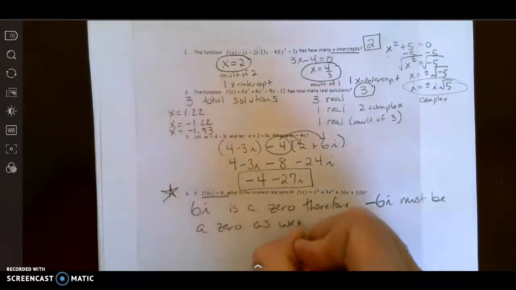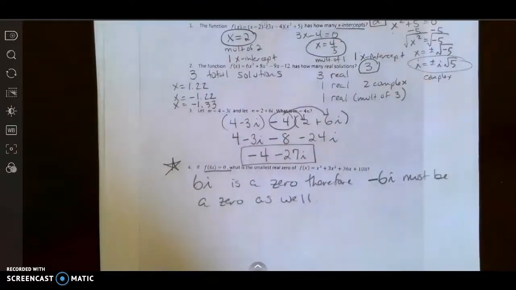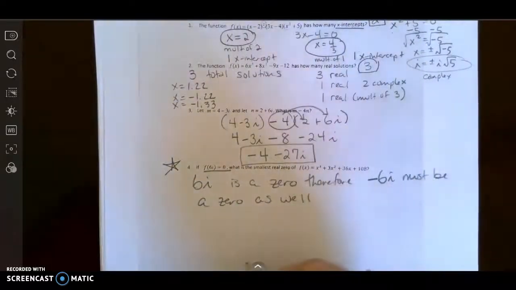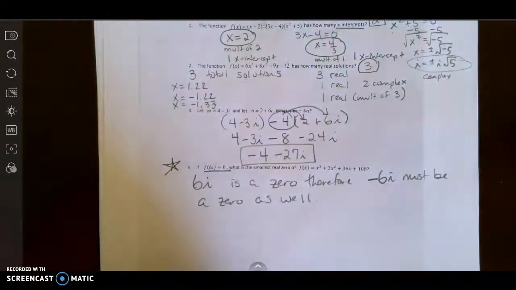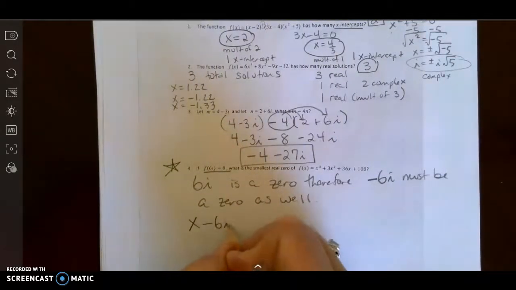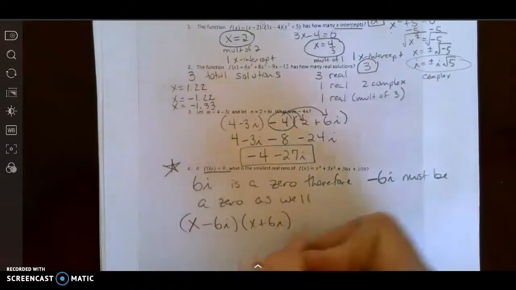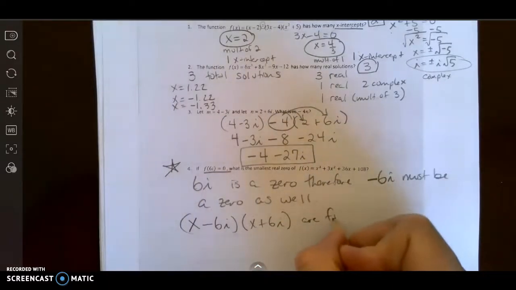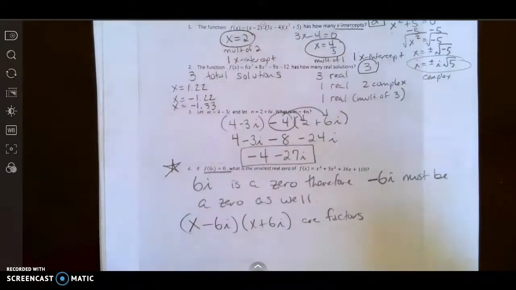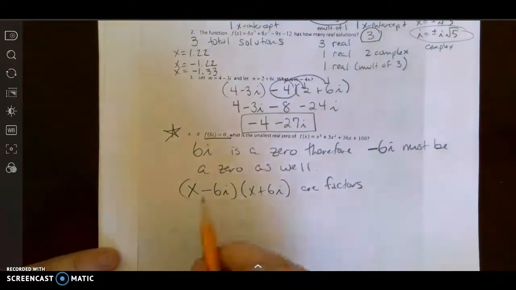Because remember, we said complex solutions come in pairs, a plus bi and a minus bi. Which means, as far as factors go, x minus 6i and x plus 6i are factors, because when you know a 0, you automatically know a factor.